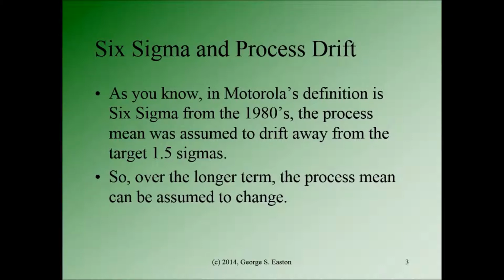In particular, based on Motorola's experience with its own processes, it had decided that it was reasonable to assume that process means drift away from the target by up to 1.5 sigmas. Here, the sigma that's being referred to is the standard deviation of the process. So what this means is that over the longer term, the process mean can be assumed to change.